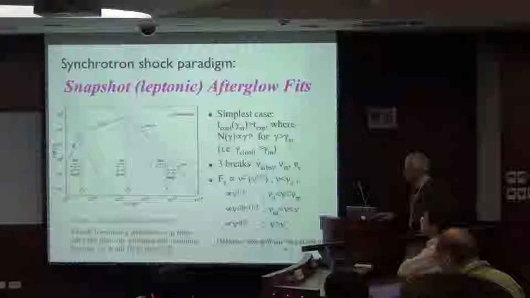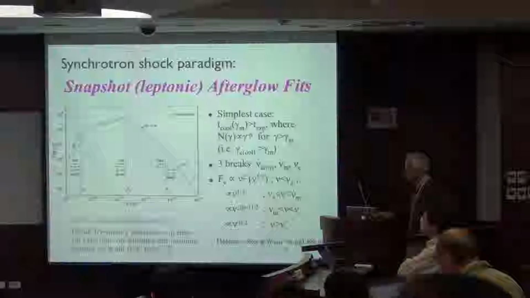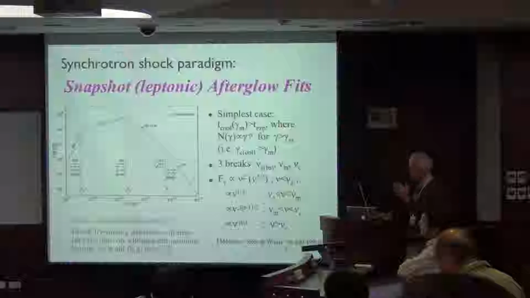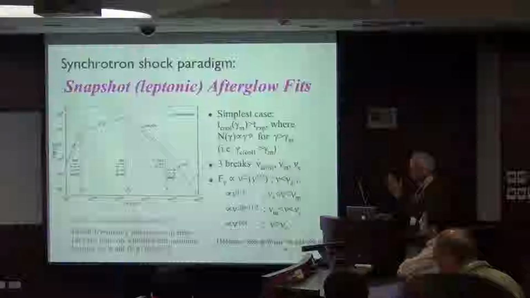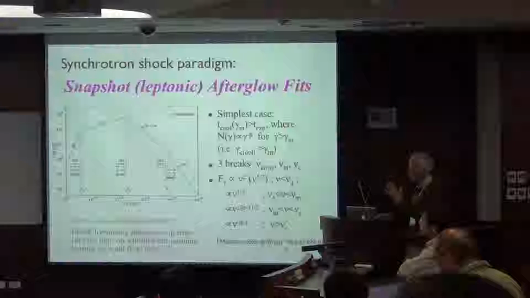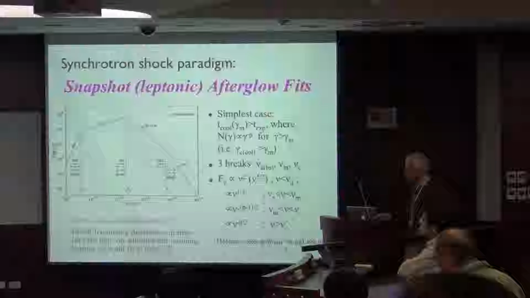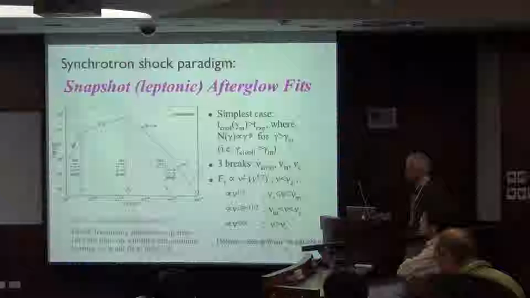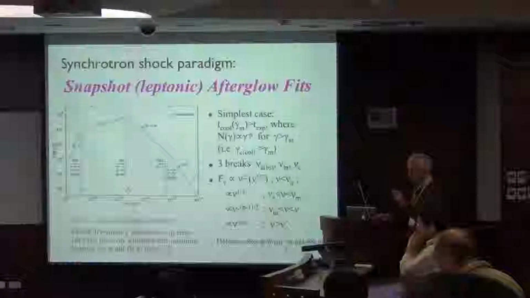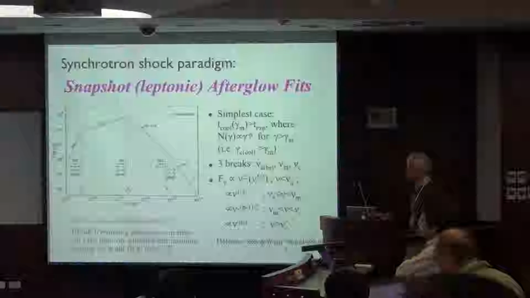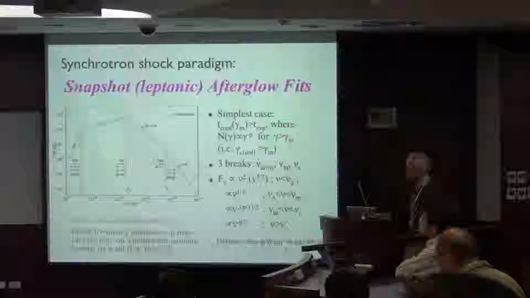Now, for the afterglows, the synchrotron shock paradigm predicts a spectrum which, as I mentioned, is something like these. The electrons are shock accelerated. There is a minimum electron random Lorentz factor, gamma min, and that corresponds to the synchrotron peak frequency.